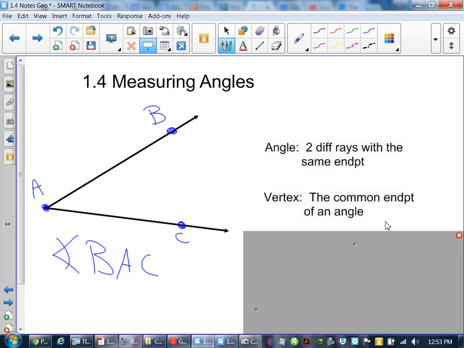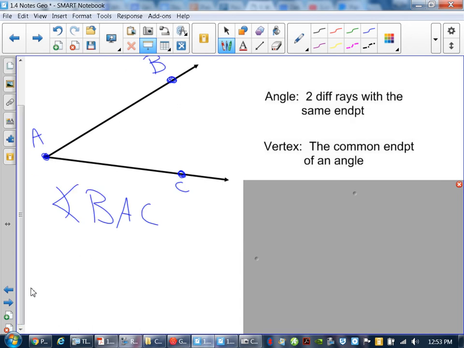When you label angles, your middle letter will always be the vertex. You can label them going either direction. It means the exact same thing.